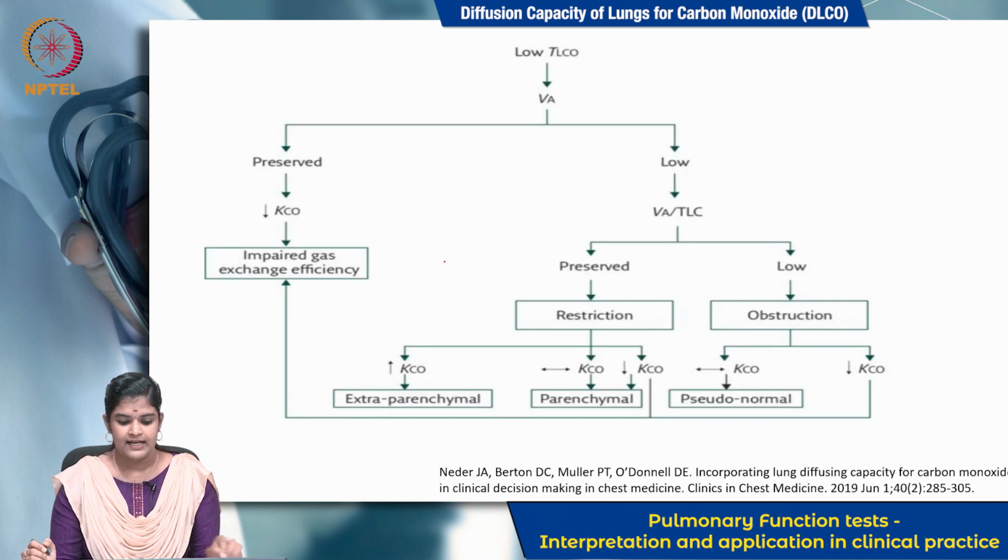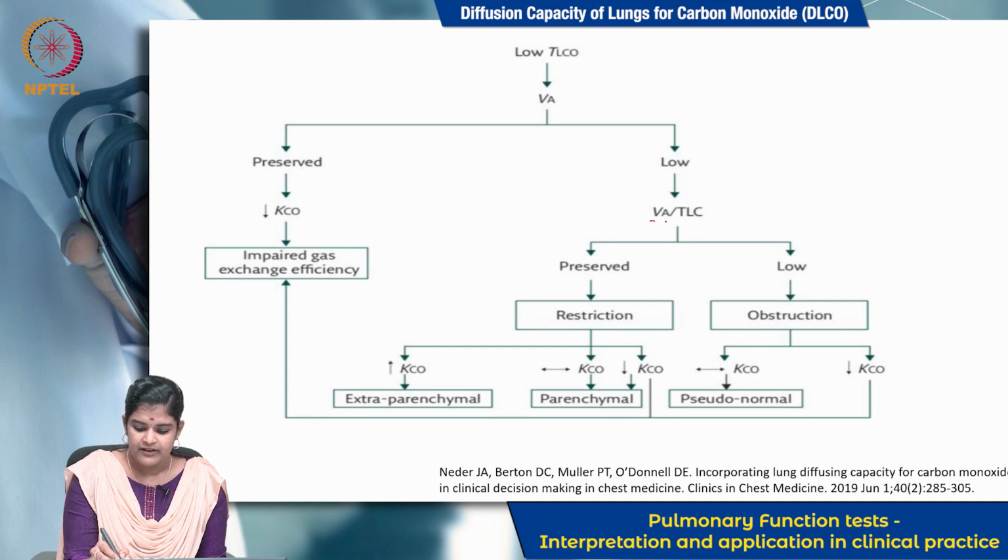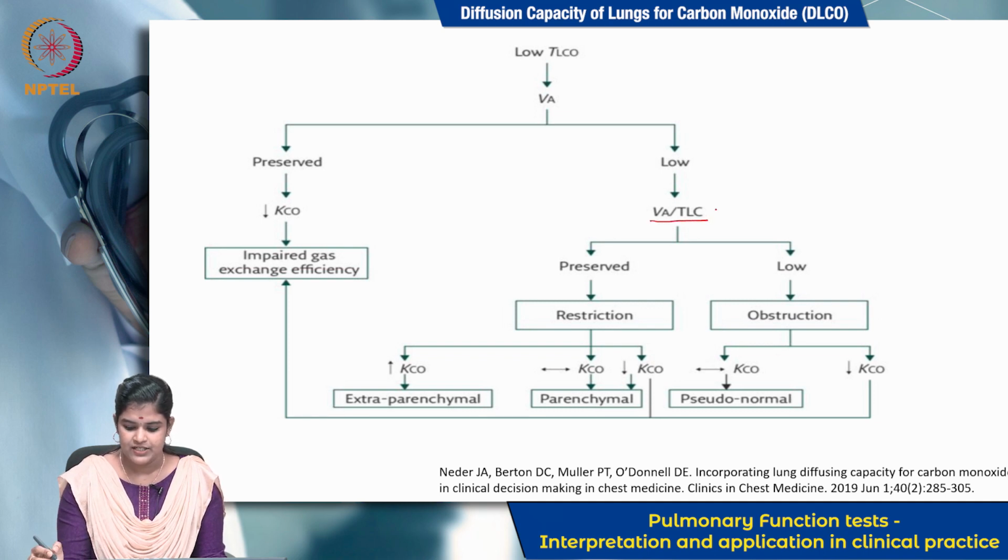Let us look at another algorithm where this relationship between VA and TLC is used. When TLCO or DLCO is low, look at VA. If VA is low, then look at the VA by TLC ratio. If VA is very low when compared to TLC and the ratio falls below 0.8, then it might suggest that the underlying disease is obstructive.